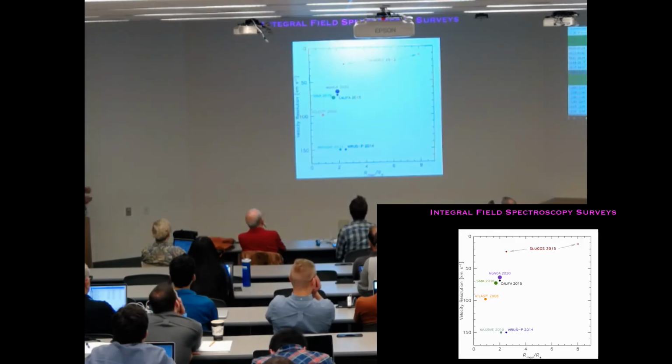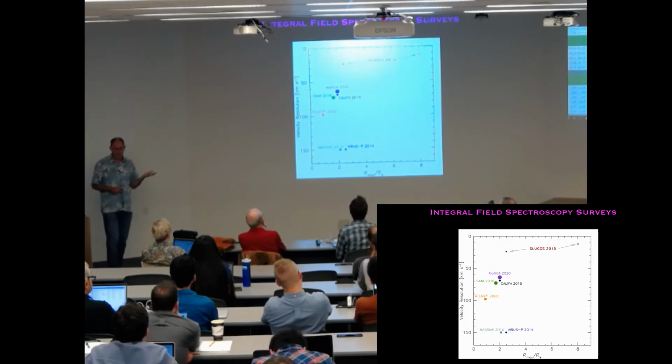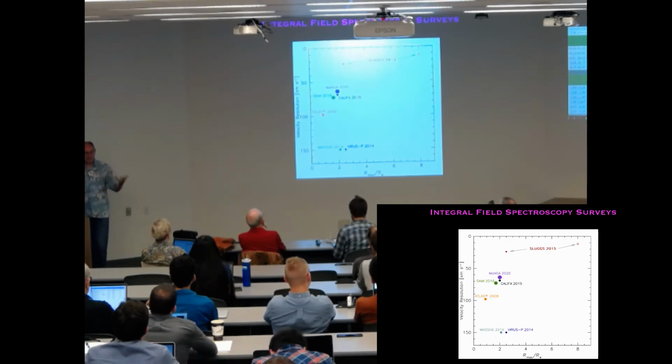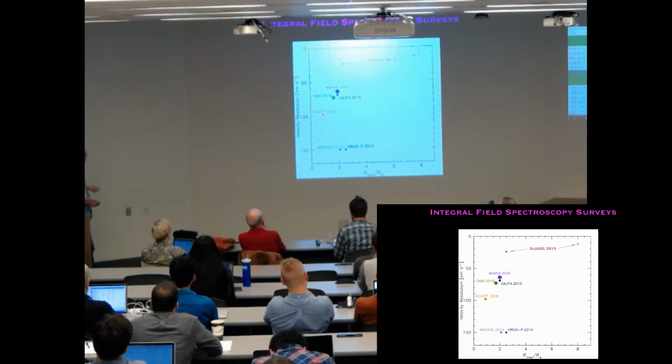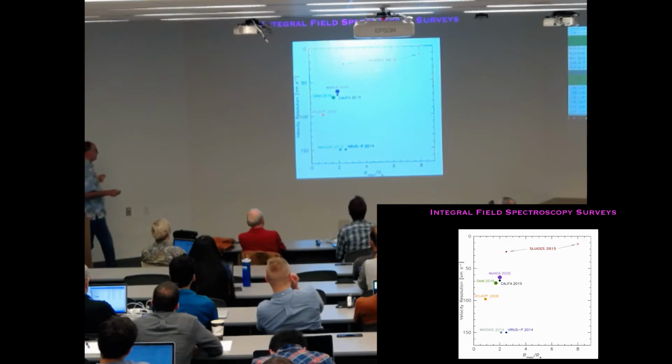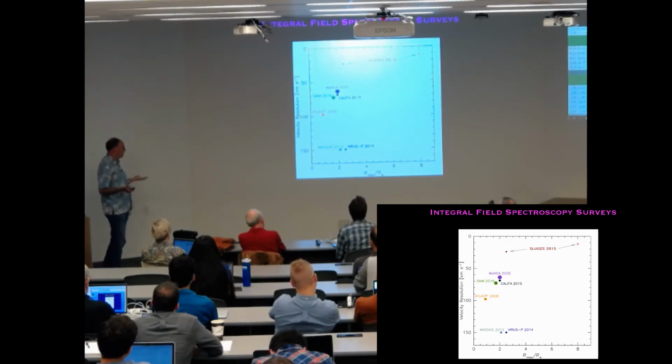Here's a figure of merit for integral field spectroscopy surveys. It was made a few years ago, with the years corresponding to when these surveys should have finished collecting data. In most cases it took longer than expected. The SAMI survey only just finished a few months ago, and SLUGS took till 2017, all because of weather.